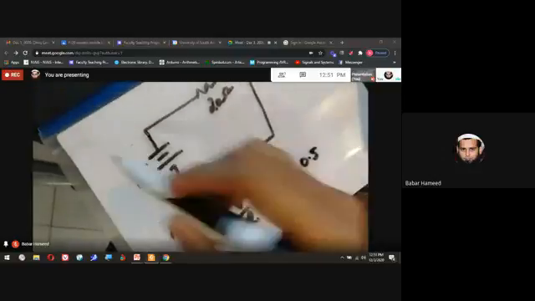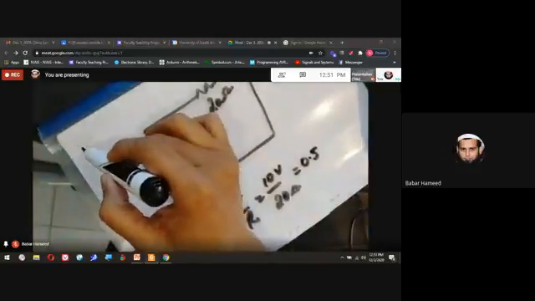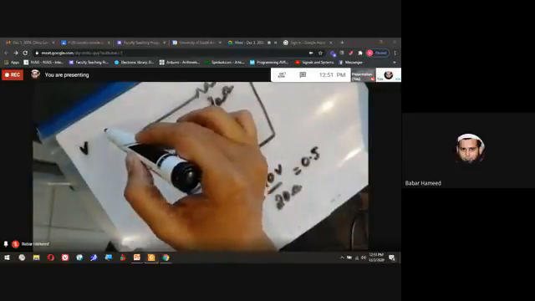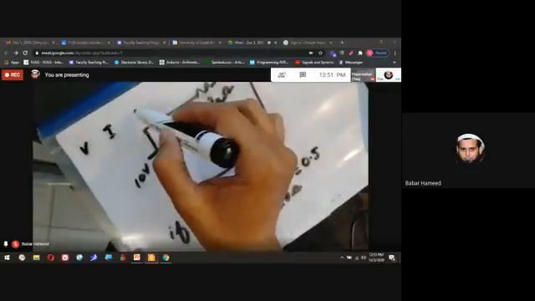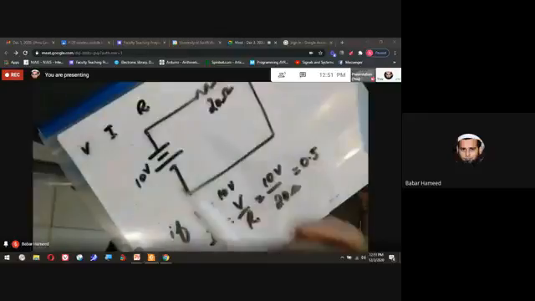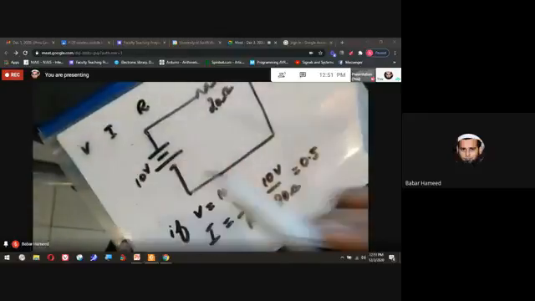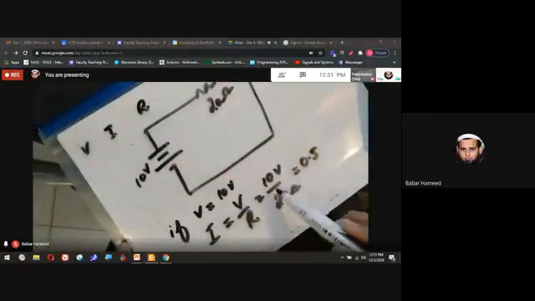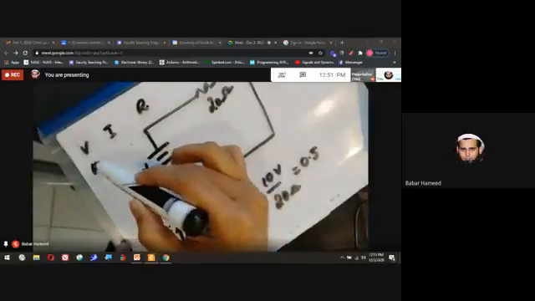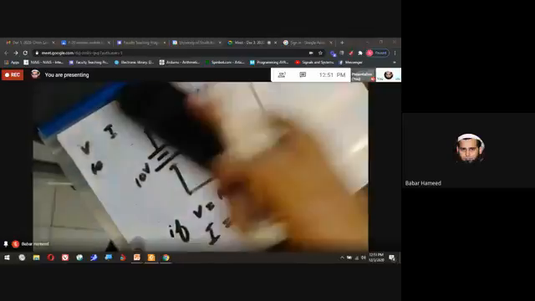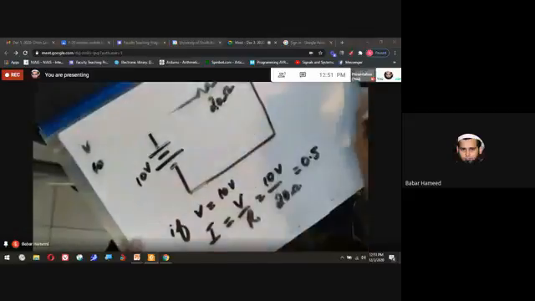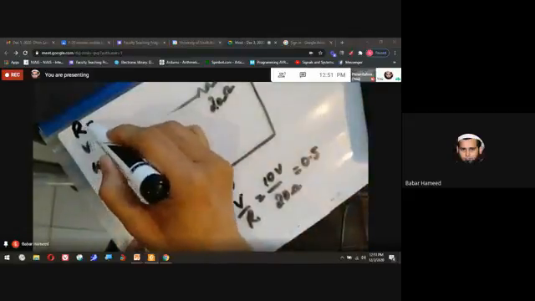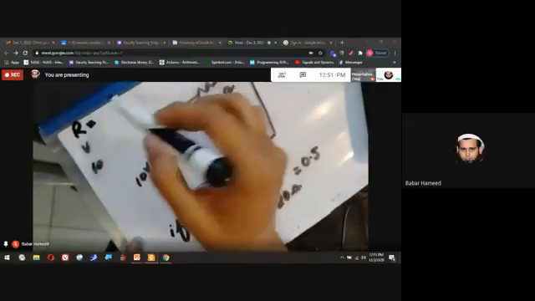So we can draw a table as well, with V, I and R. V is 10 volt and R is constant, it is 20 ohm.